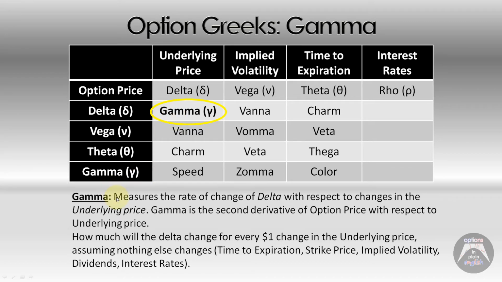Gamma measures the rate of change of delta with respect to changes in the underlying price. Gamma is the second derivative of option price with respect to underlying price. It's also how much the delta will change for every $1 change in the underlying price, assuming that nothing else changes. So that time to expiration doesn't change, strike price, implied volatility, dividends, and interest rates.